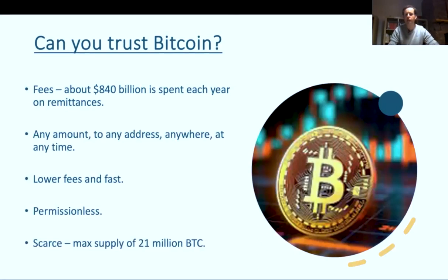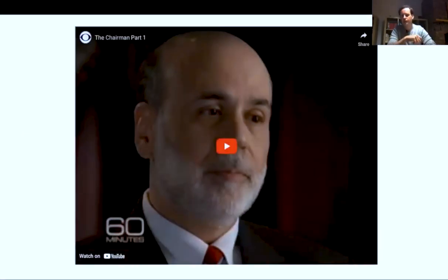And finally, unlike our currencies today, Bitcoin is a scarce asset with a max supply of 21 million BTC, which we've seen before. And we've looked at money being created out of nothing. I talked about that before, which obviously inflates the financial system, hence the term inflation, without really looking at any data on it.